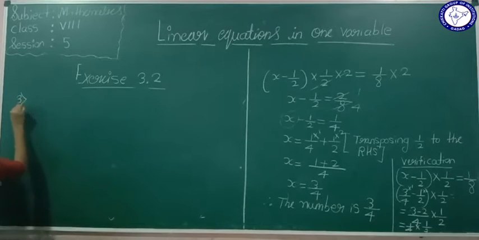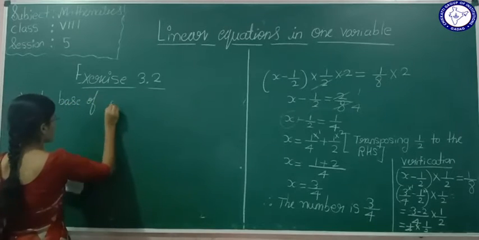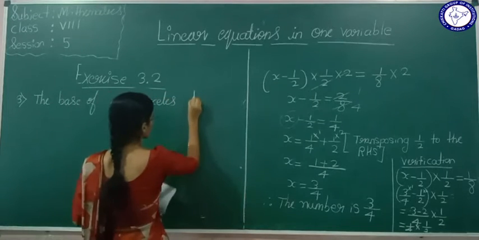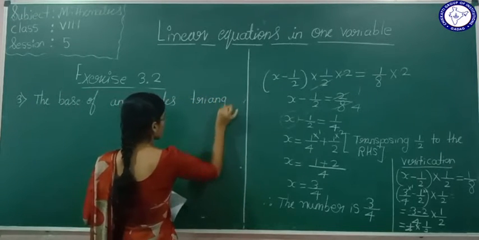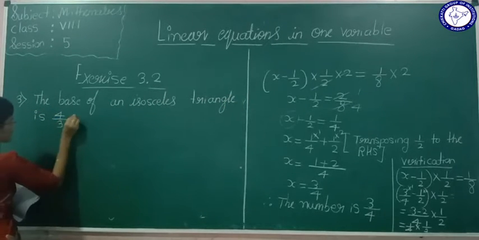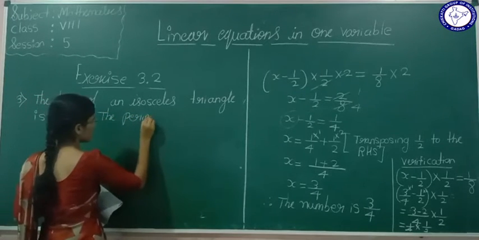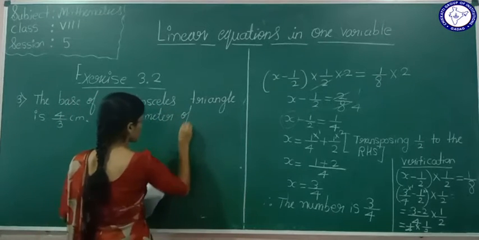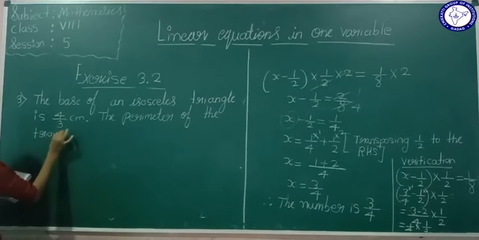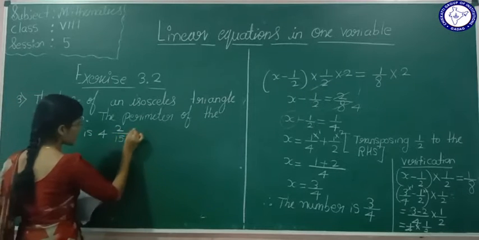The third problem: the base of an isosceles triangle is 4/3 centimeters. The perimeter of the triangle is 4 2/15 centimeters.